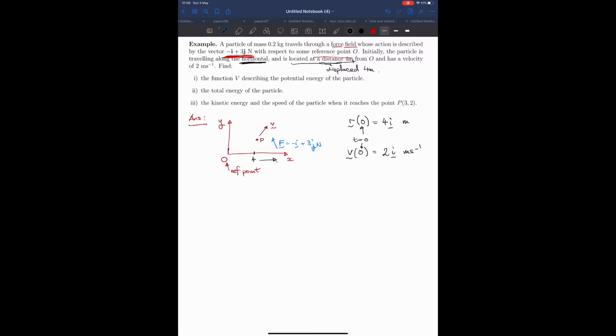So with this, we're ready to find out how to grab hold of the potential energy of the particle. This is the first thing we have to do. Notice that we've been told to then find the total energy of the particle, and then the kinetic energy and the speed of the particle at this point.